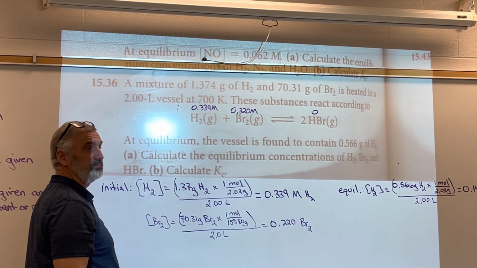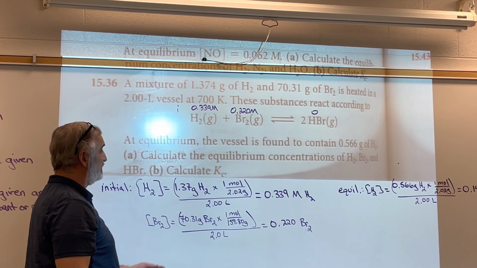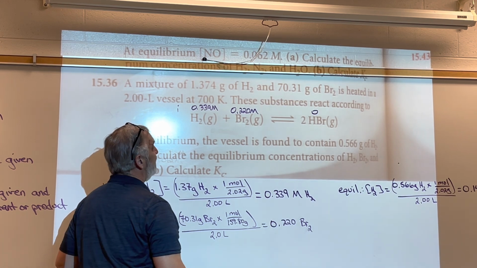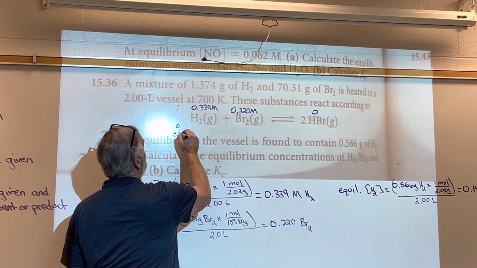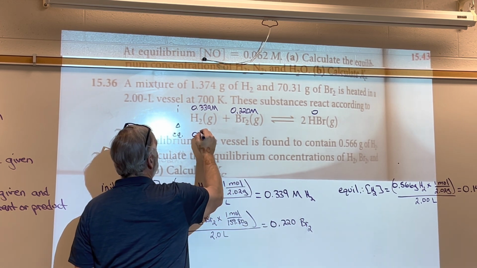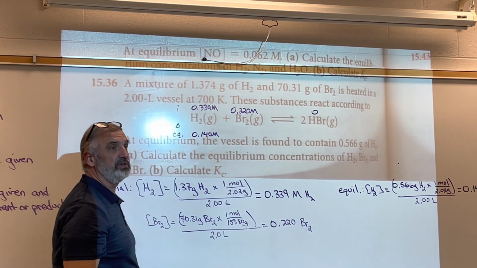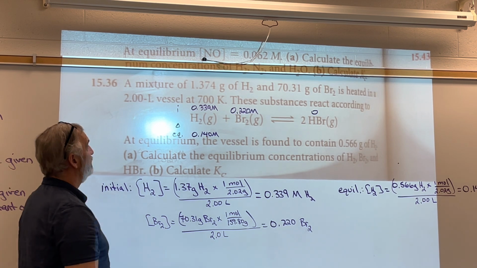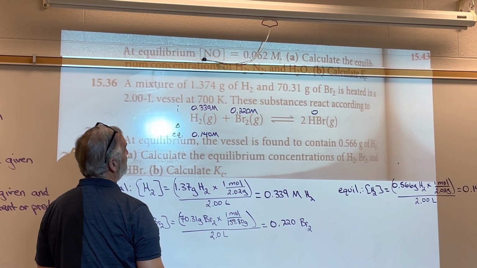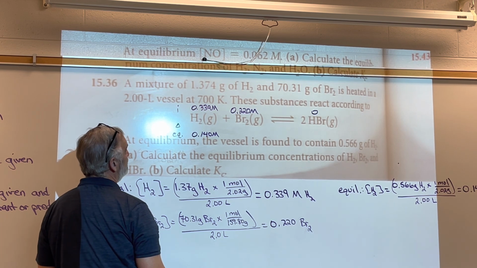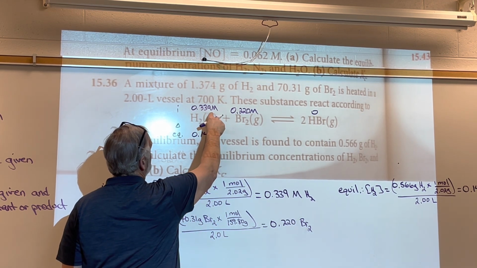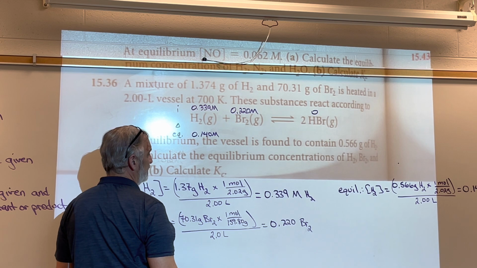Did you use these numbers? Okay, now what's my change in equilibrium? Well, in equilibrium, I have 0.140 molar of H2. So what must be the change? It's negative 0.2, well, it's 0.201, isn't it? Everybody used 0.34 instead of 0.339.